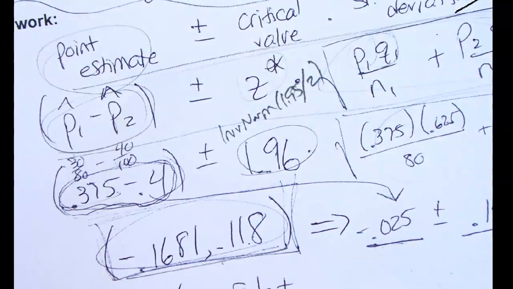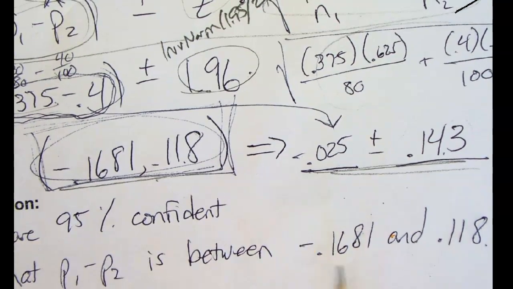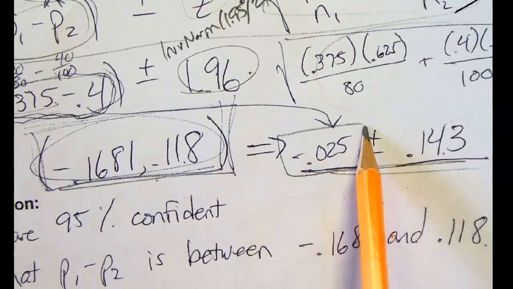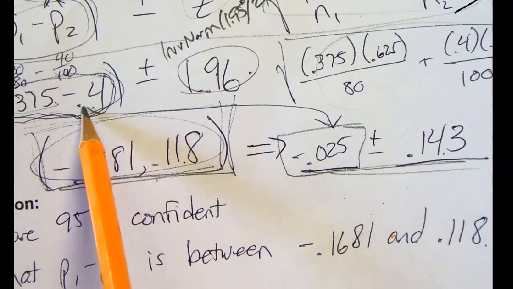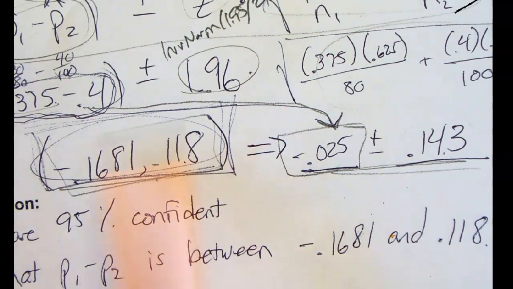So here's our interval. I do need to be able to convert that into writing it in this form. So this number you could get 2 ways. One is literally just doing that subtraction. Two is that it's the average of these 2, so you add these 2 up and divide by 2, and you get this number.